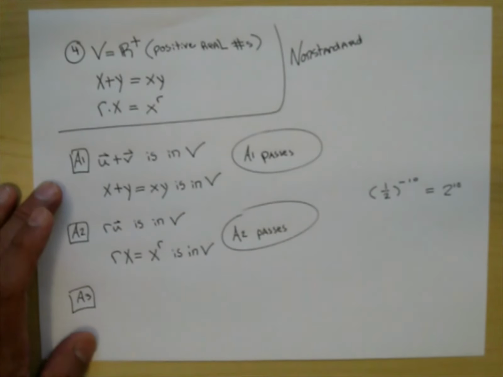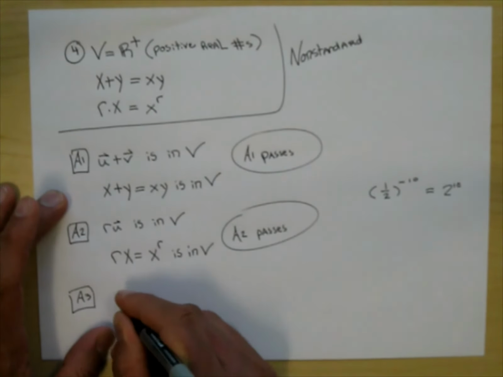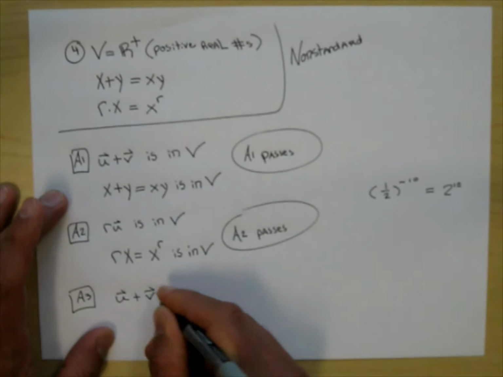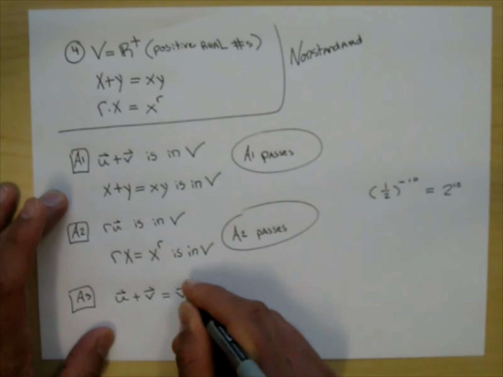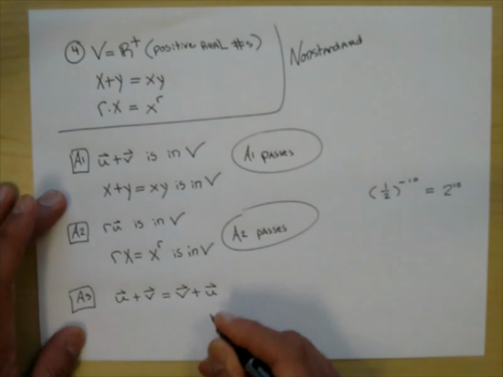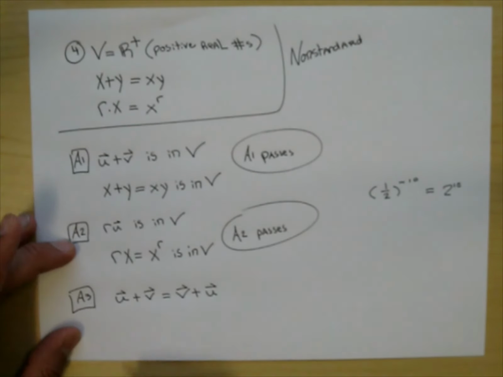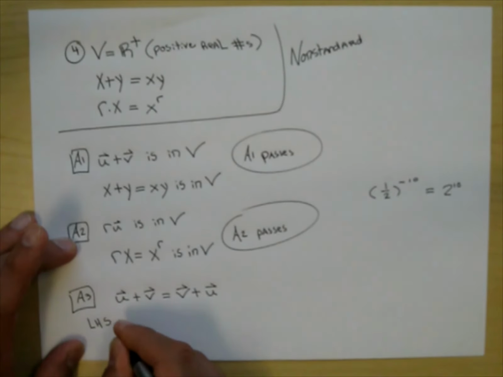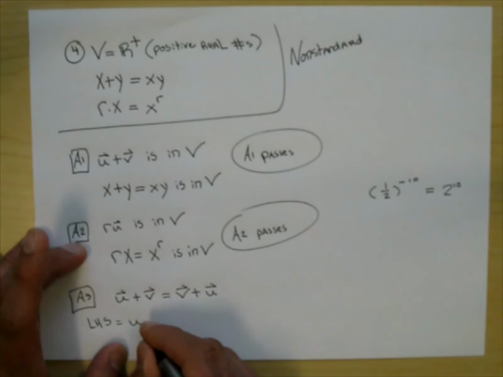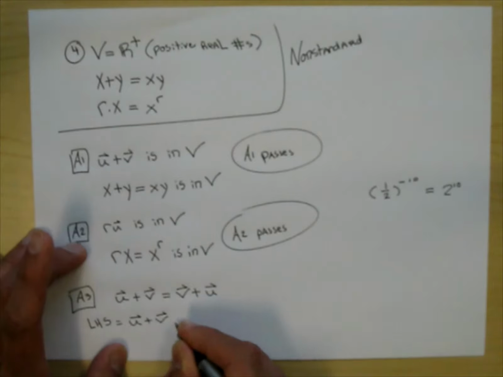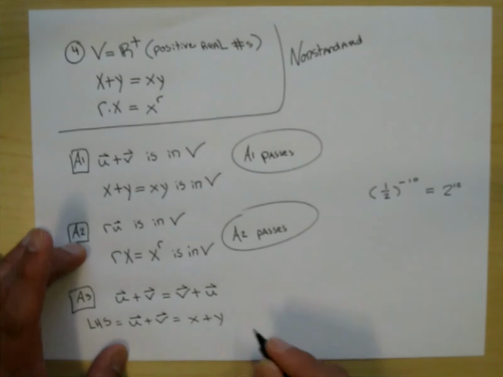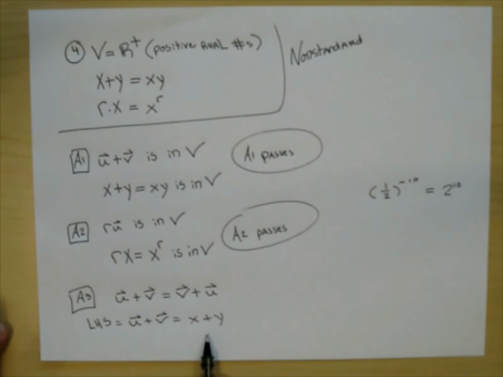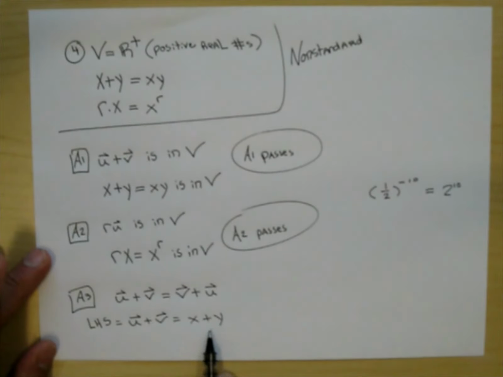A3. Okay, Axiom 3 says U plus V equals V plus U. Okay, so right hand side. No, let's do left hand side. U plus V. Let's just let U be like X, and then V is Y. Those are positive real numbers.